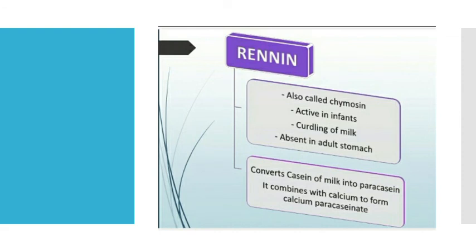Renin. What is the speciality of renin? Renin, also called chymosin, is active in infants. It helps in the curdling of milk and is absent in the adult stomach.